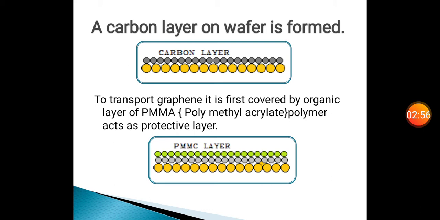After that, to transport graphene, it is first given protection by using an organic substance. It is first covered by an organic layer of PMMA polymer, that is polymethyl methacrylate polymer.